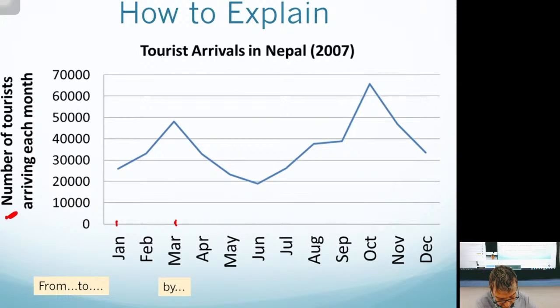By. Remember, by is always, not always, by is the difference. So we're looking at the difference from one to another. For example, where are we? What we're going to do.